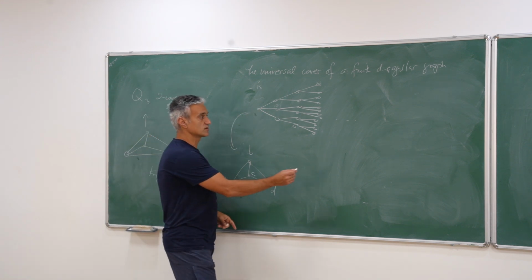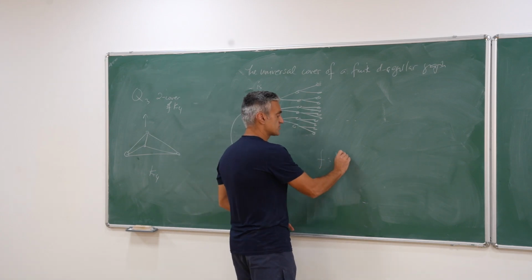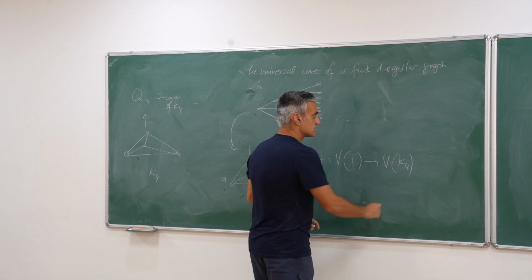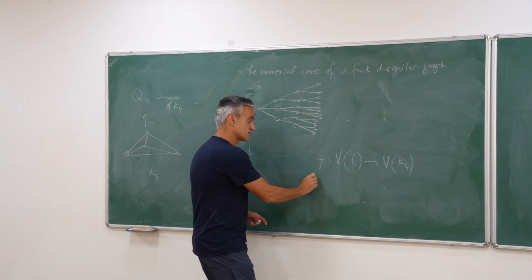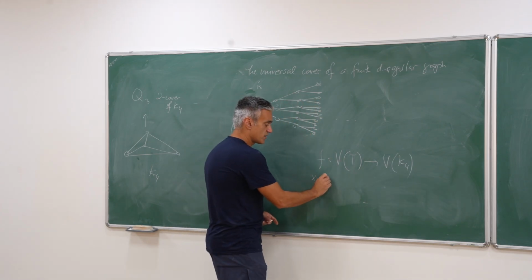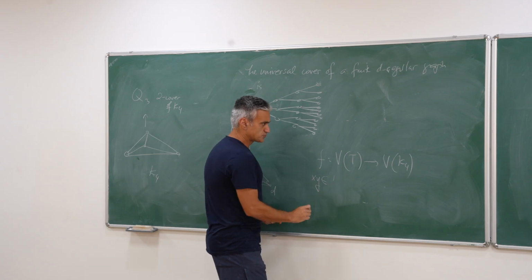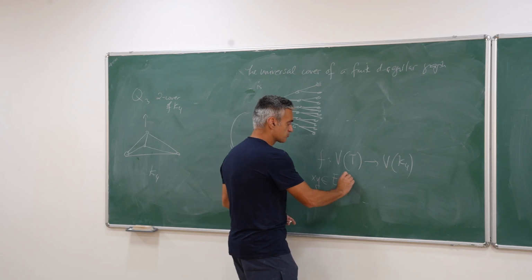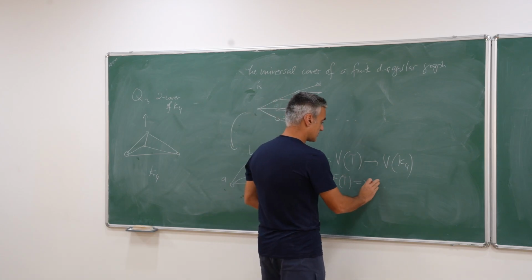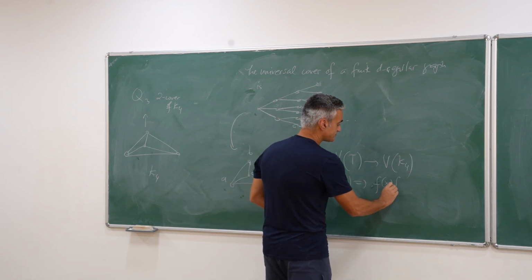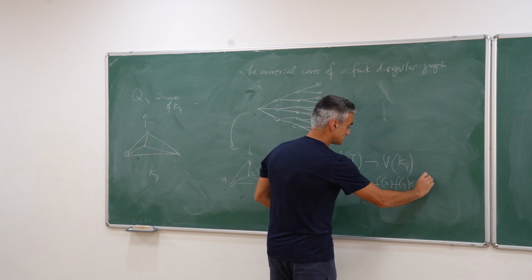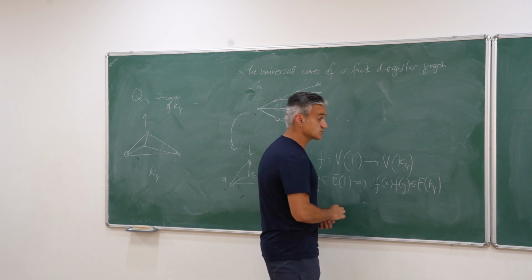So I'll define a function from the vertices of this infinite tree to the vertices of K4 such that it's a graph homomorphism. So an edge between X and Y here implies an edge between f of X and f of Y here.